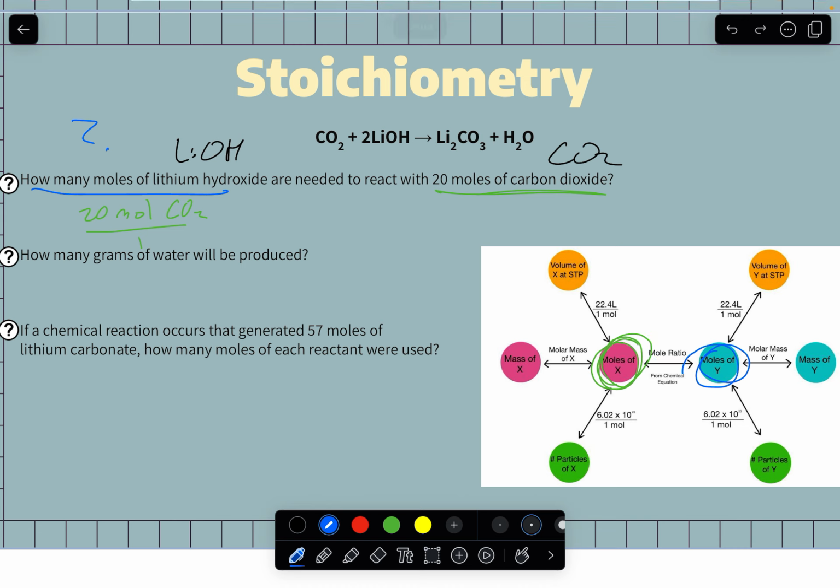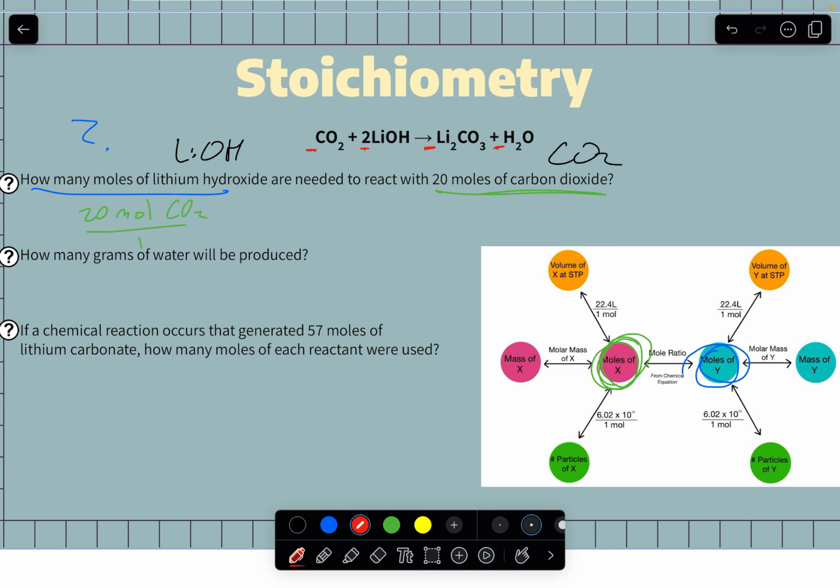Remember the mole ratio: we are looking at the coefficients in our equation. So that's when you need to do balancing. If you don't remember how to balance reactions, make sure you look over that and ask questions. But typically you won't be asked directly to balance an equation. It'll normally be given to you like this. Okay, so we're looking at those mole ratios.